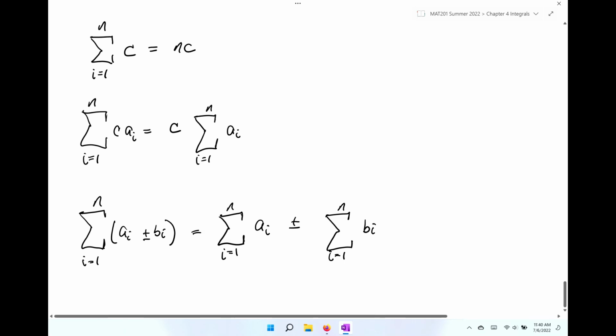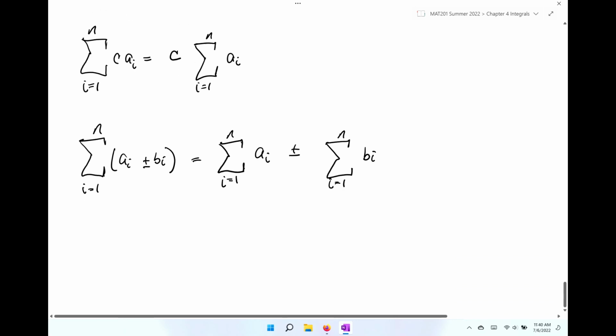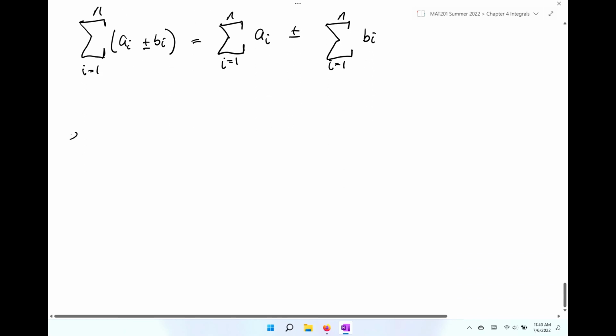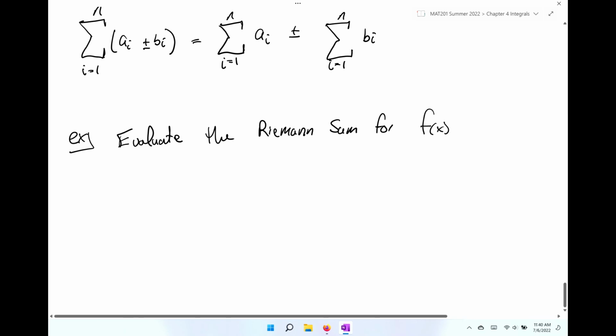All right. What I'm really concerned with is how do we evaluate a definite integral using Riemann sums? So the example that I'm going to do, I'm going to evaluate the Riemann sum for f of x equals x to the third minus 6x.